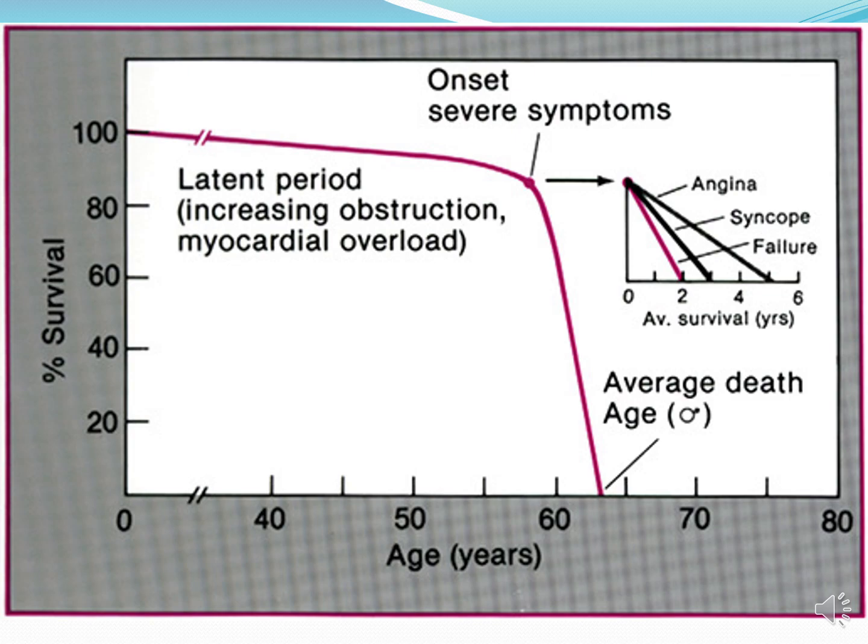So if we look at the survival of a patient with aortic stenosis, you see that over the ages 40, 50, 60, they have a good survival. Now, when they develop symptoms, their survival is affected. The first symptom we talk about is angina. We talked about myocardial ischemia. Usually the average survival is around 5 years in this case.